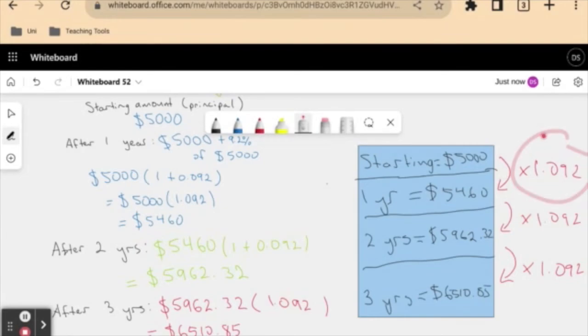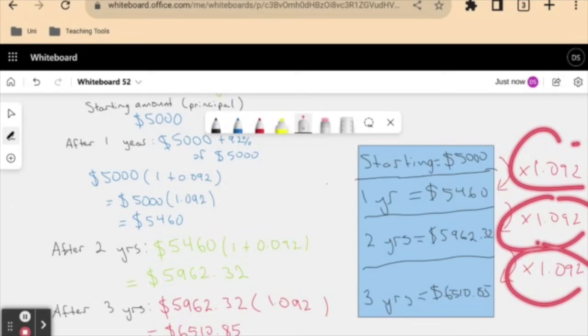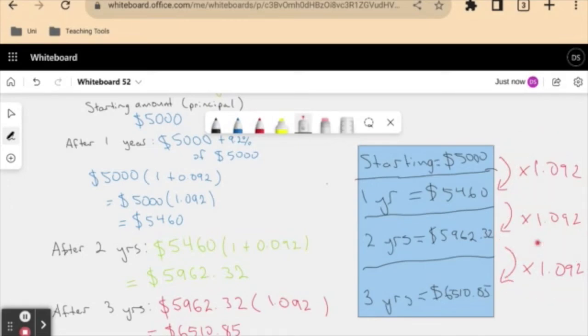And this is happening each time. It's multiplying by this same number. Now, because of what we know about indices, when we have the same number multiplying by itself, we can write this in a type of shorthand. We can have this in terms of powers.